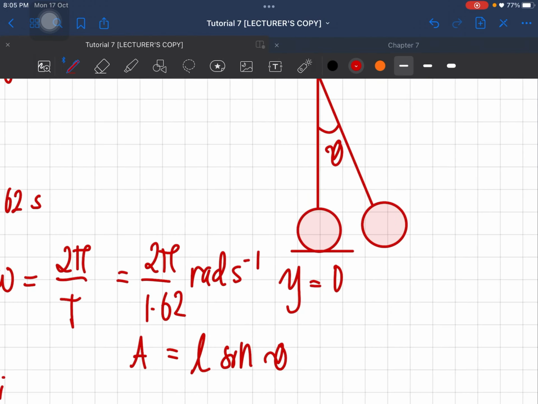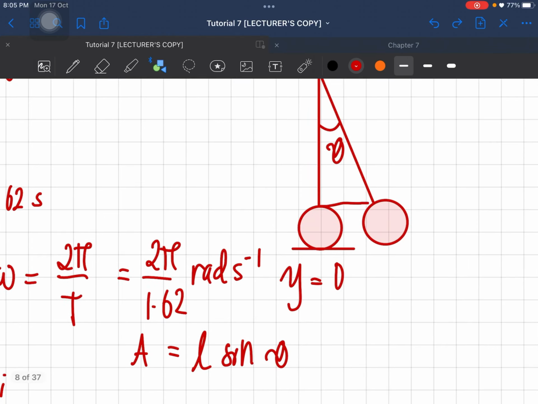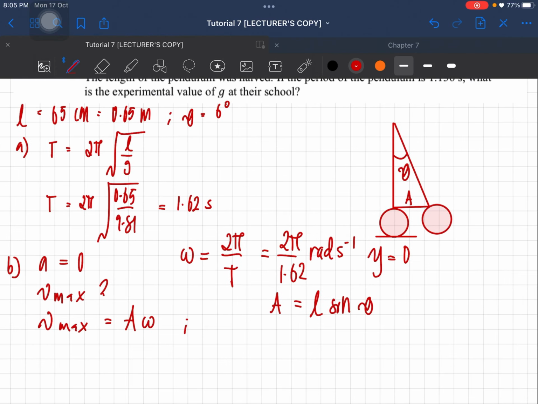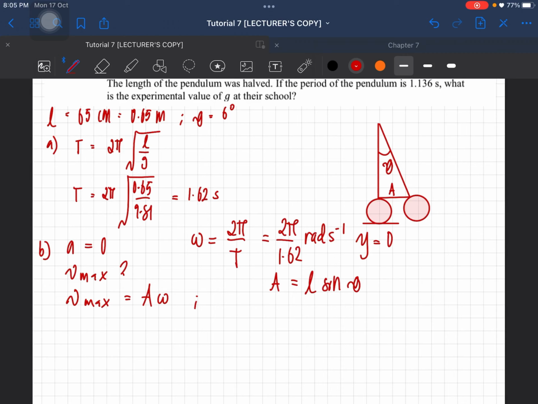So how do we find the amplitude? Is that the amplitude? It looks small. But the amplitude is something like this. So that is the amplitude of the pendulum.